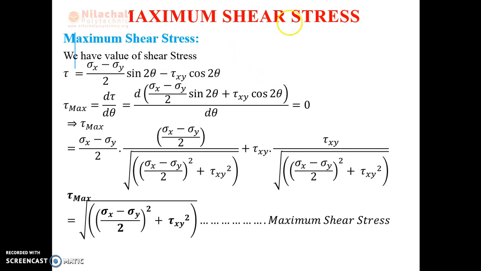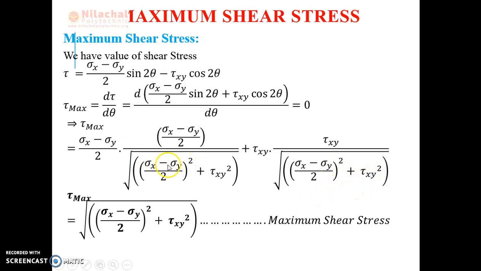So the cos 2 theta value will be obtained, and sin 2 theta is equal to tau xy by square root of ((sigma x minus sigma y) by 2) whole square plus tau xy square.